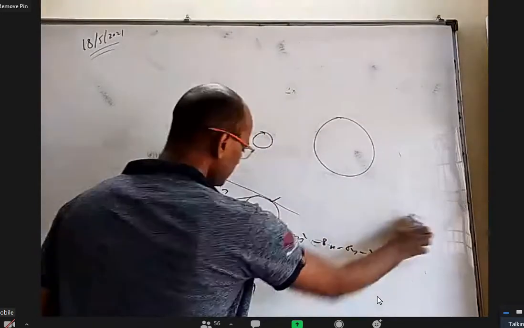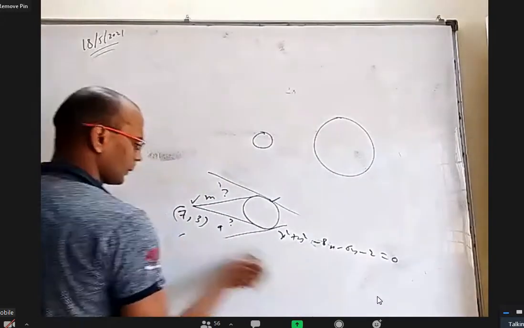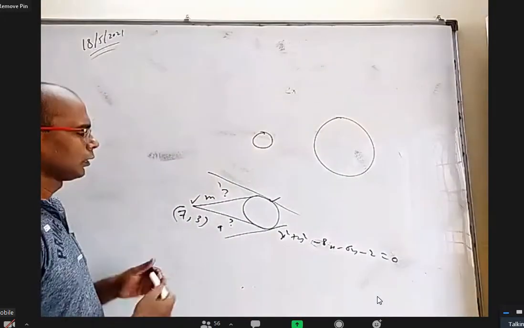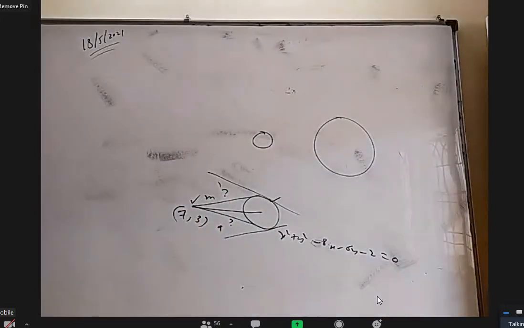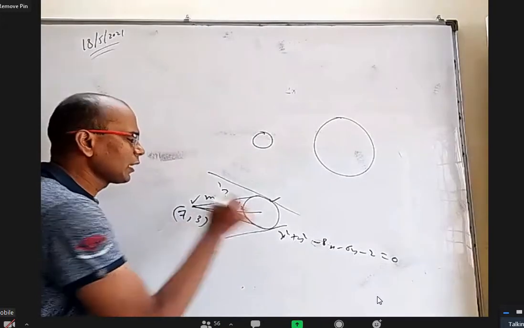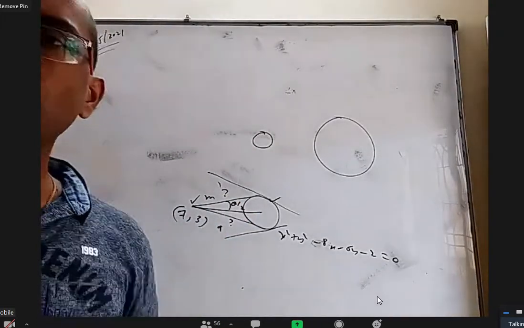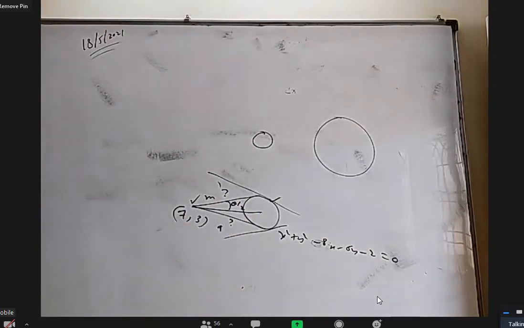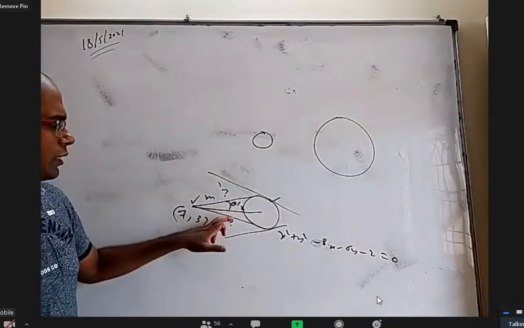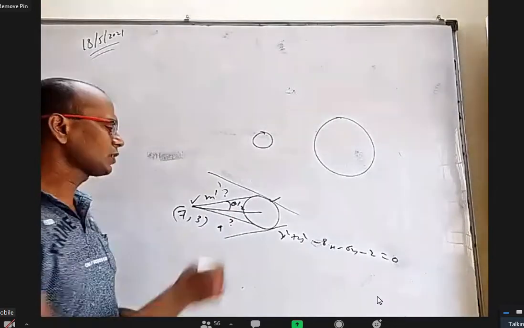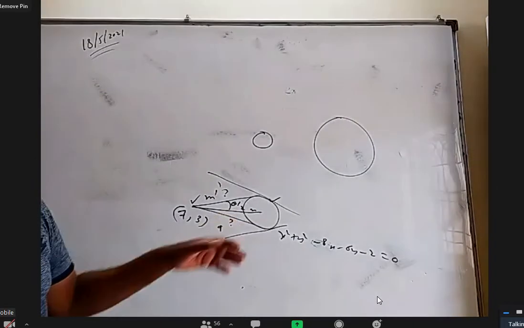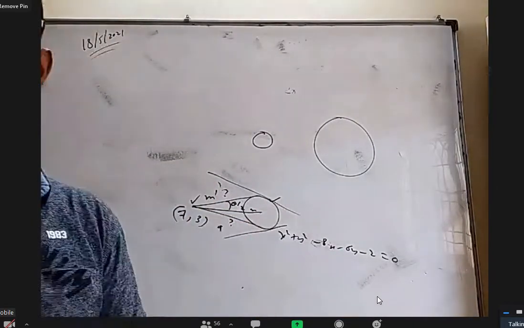Apart from that, we can join to the center and find this slope. Am I right? Yes, sir. And if this angle is theta by 2, tan theta by 2 equal to r by root s1, we have a formula. We know this slope, we know this angle, so we can find these two slopes. If we assume this slope is m dash, this slope is m, tan theta by 2 equal to mod of (m dash minus m) by (1 plus m dash m).